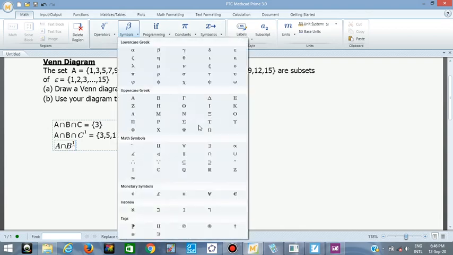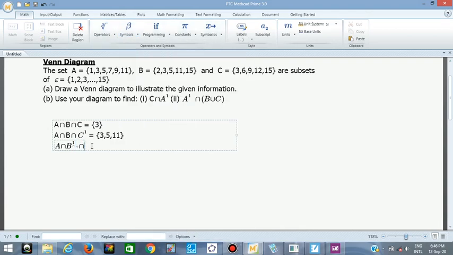So what this one means is, this symbol here, this B raised to power 1, which is B complement, means the ones that are not in B, I don't need them. So I only need the ones of A and C. So which are, 1, no, 3 is in A and C, then 5, no, 7, no, 9 is in A and C. So we have 9, you can see 9 is in A, 9 is in C. Then 11, no. So these are the only answers we have here.